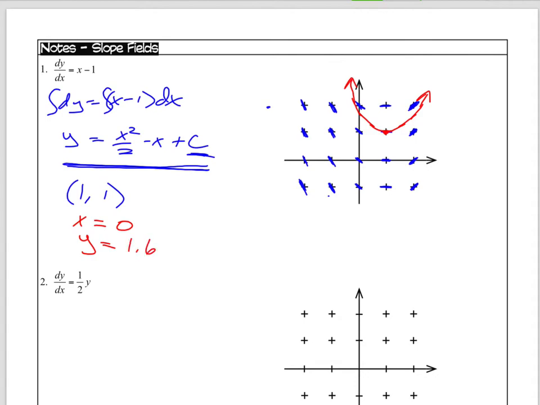Because my x value of 0 is here, and it intersects right there, so my estimate would be about 1.6. Okay? So we can use slope fields. If they give me a point it goes through, I can sketch it, and then I can estimate another value using that sketch. That's what's going on with these.